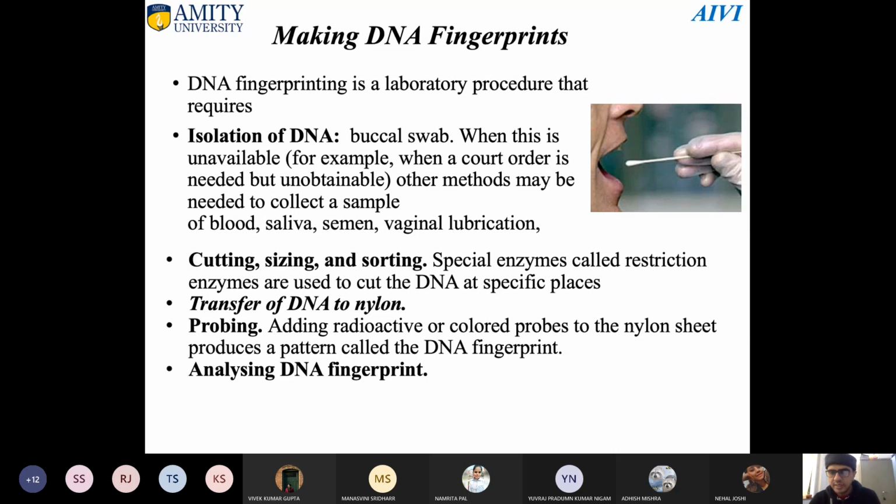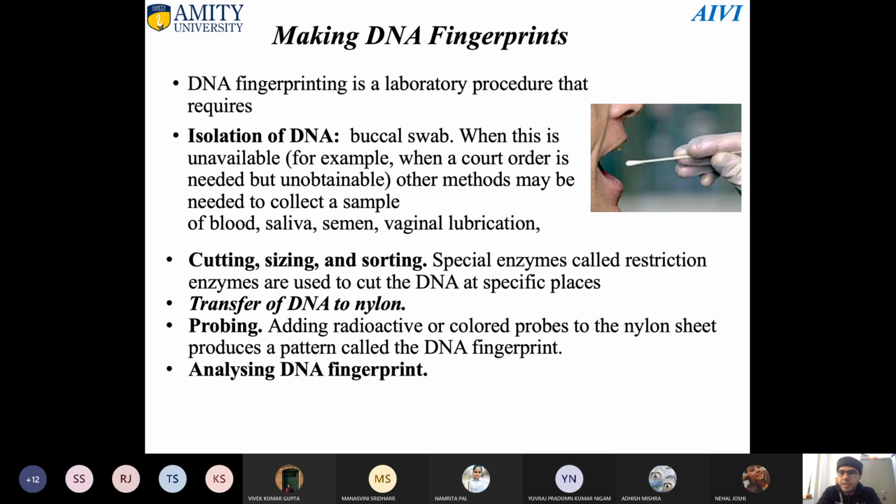When this is done, you can say whether the specimen you have is matching or not matching. If it is matching, then you can claim that the person was present at the site of the crime, and if it is not matching, you can say that the person is absent. One more thing: DNA fingerprinting doesn't always mean forensic science or a crime.